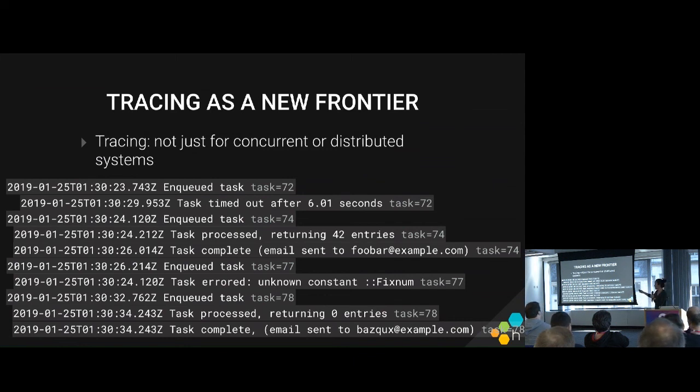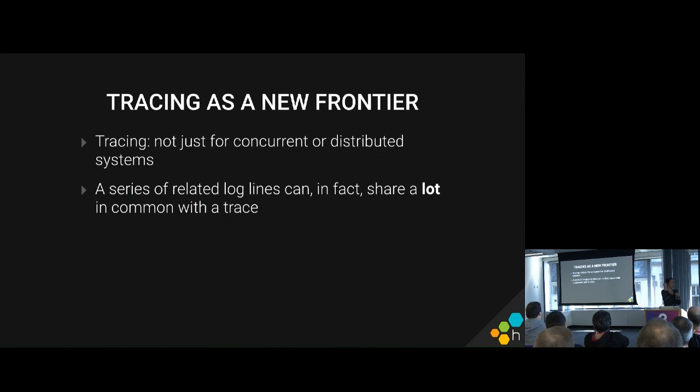Let me instead explore tracing, and instead group these log lines by which task they were a part of, and clearly indicate that the enqueued line is the entry point of each cluster. Because the nice thing about tracing, or an interesting thing about tracing, is that a series of related log lines is actually quite a bit like a trace.